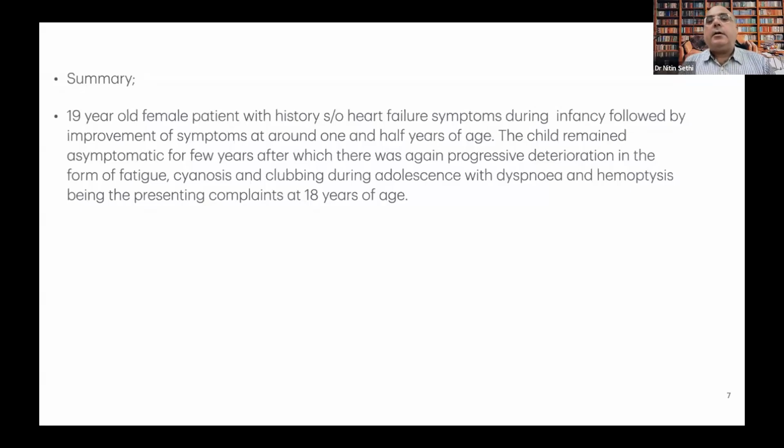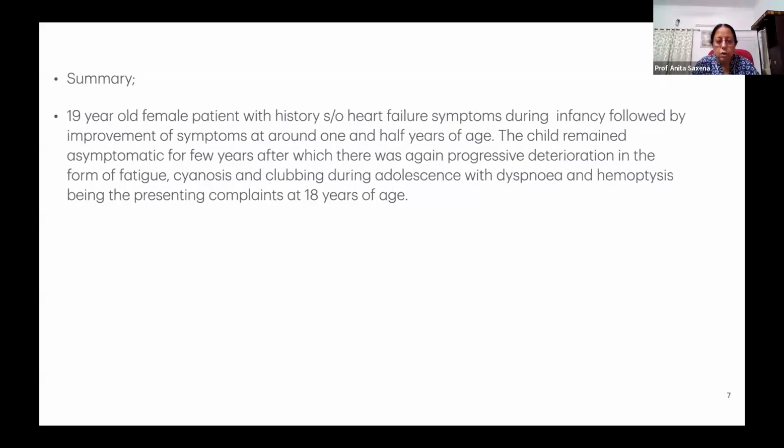So, although the presenting complaint has been hemoptysis and breathlessness at around 17 to 18 years of age, on taking a history of past illness, the mother of the child is saying that at around 6 to 8 weeks, she started noticing that while breastfeeding, the child developed a suck-rest-suck cycle, and also during that time she noted the child used to get fatigued and there were chest retractions and breathlessness episodes. So these probably point towards heart failure symptoms.